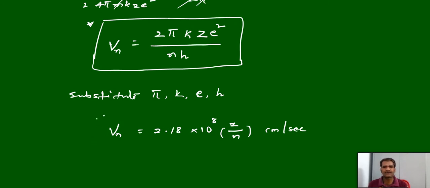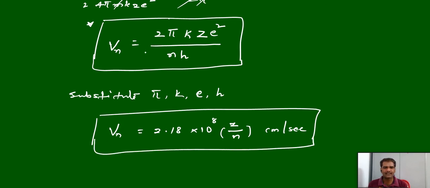So after substituting, you will get these values. This is in terms of numerical and this is in terms of the formula base. These are the two equations you should remember.